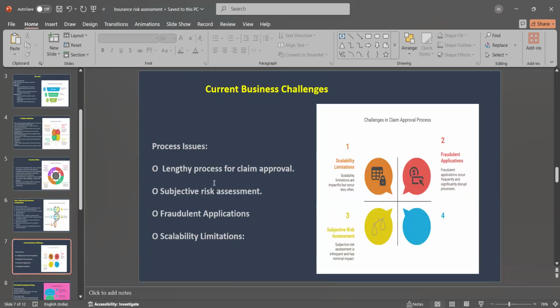Current business challenges. Now this is in the offline process. These are some business challenges: a lengthy process for claim approval. If a customer goes offline to get a claim, it is a lengthy process that takes 3 or 4 days to issue the claim number, and after 3 or 4 days he will get the claim amount.